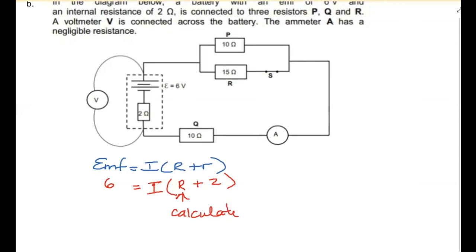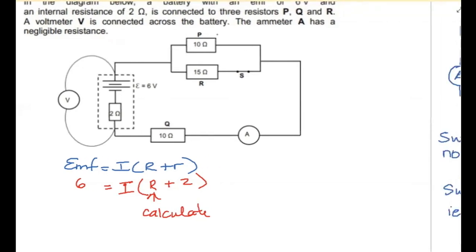So let's calculate our resistance. We're going to be very quick. We're going to do first the parallel, and then add the series. I'm going to go very quickly because we're trying to catch up. 1 over 10 plus 1 over 15. If anyone can be faster than me, please feel free to drop me a message, because you guys are definitely quicker on your calculators than me.